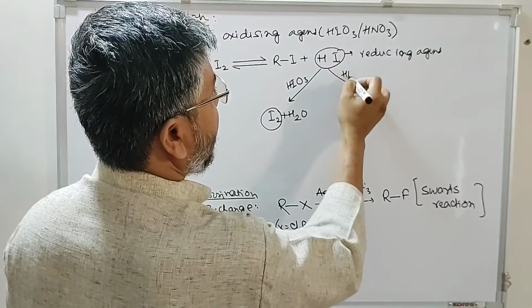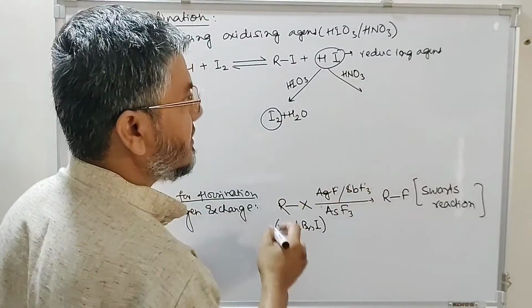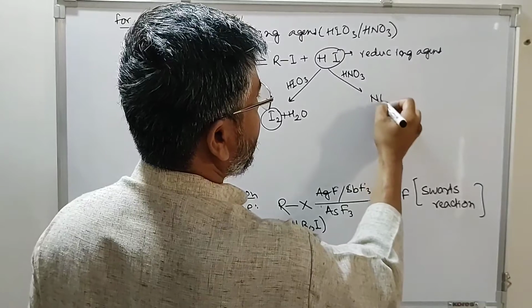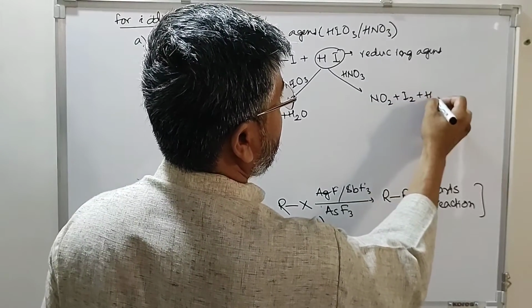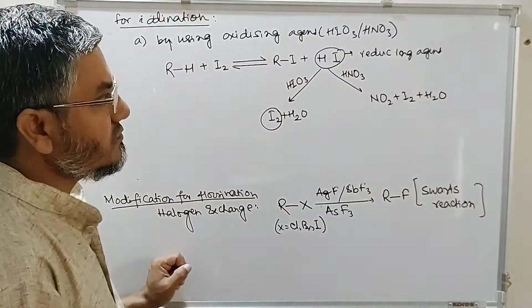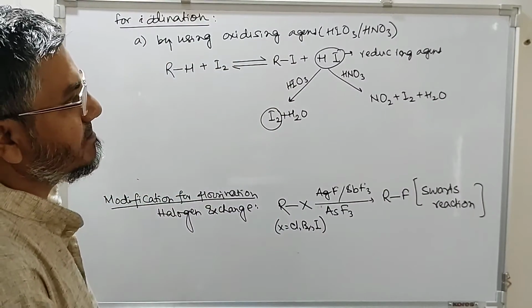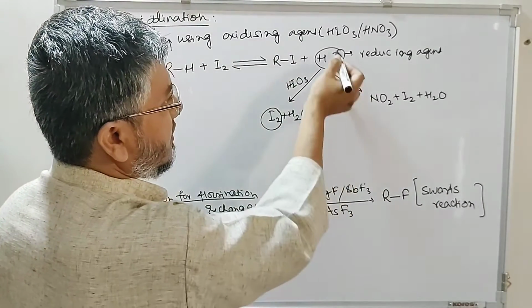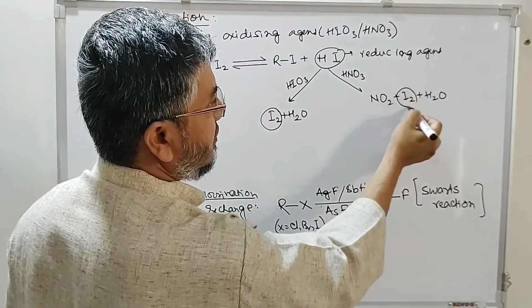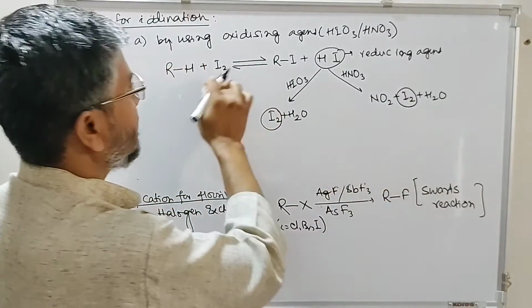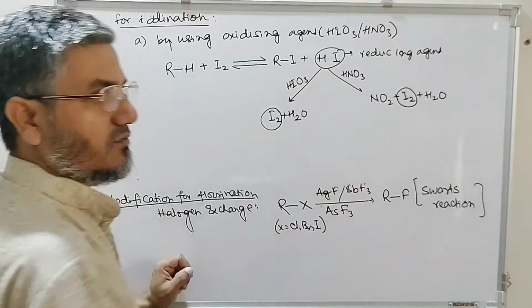If this reacts with nitric acid HNO3, then also this gives you NO2 plus I2 plus H2O. So again look at this. We are removing HI, forward shift, plus we are also increasing the concentration of I2, again the reaction is in forward direction.